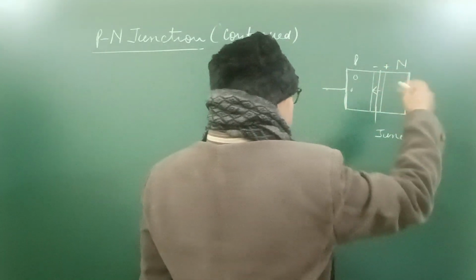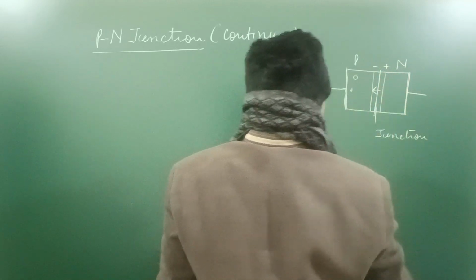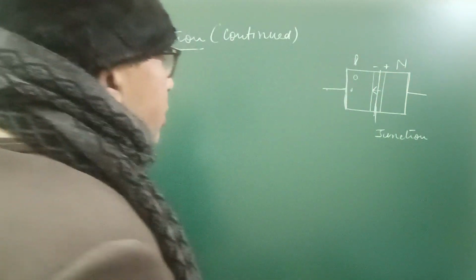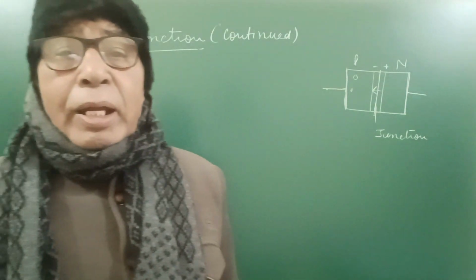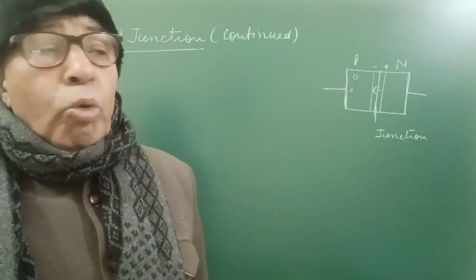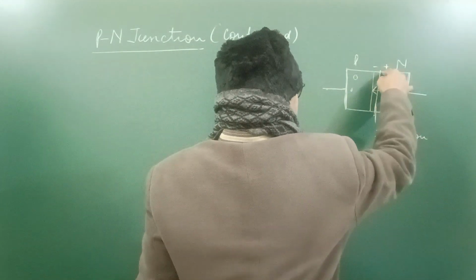Actually, this diffusion takes place in the region around the junction, and a layer is created around the junction in which majority charge carriers are depleted, meaning removed, and majority charge carriers are not present in this region.